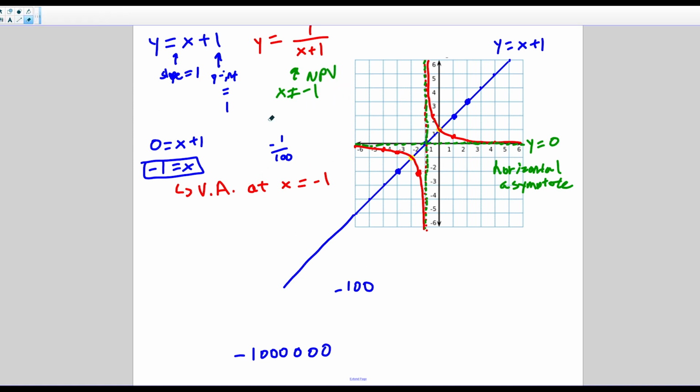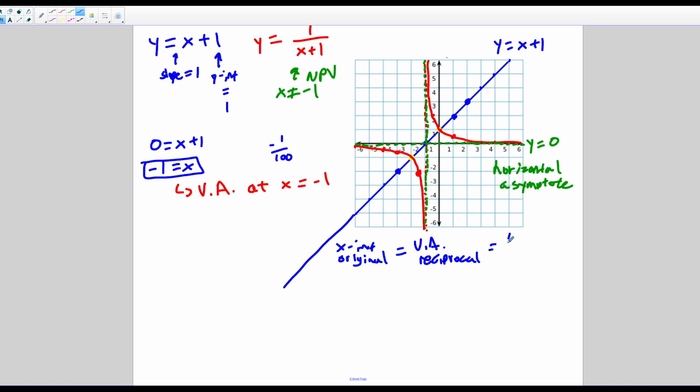Let's make another observation. We can now state that the x-intercept of the original graph is equal to the vertical asymptote of the reciprocal, which is really just equal to the NPVs of the reciprocal function.